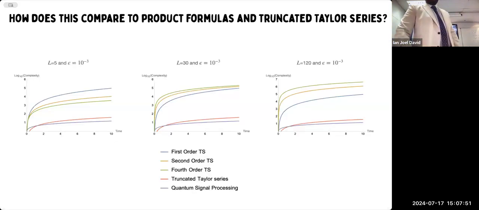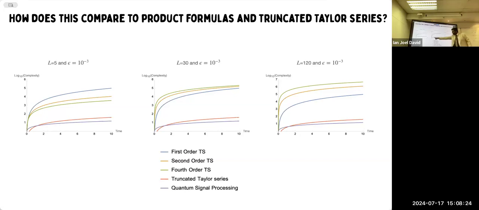Okay. And again, how does this compare now to the other methods, right? Why is this considered optimal? Let's have a look here very carefully. We'll see that for the same parameters that we used before, let's just put signal processing back on the plot. And we see here that in the beginning, it doesn't perform as well as the Taylor series, but that's because the Taylor series and the signal processing have time scales at which they're applicable.